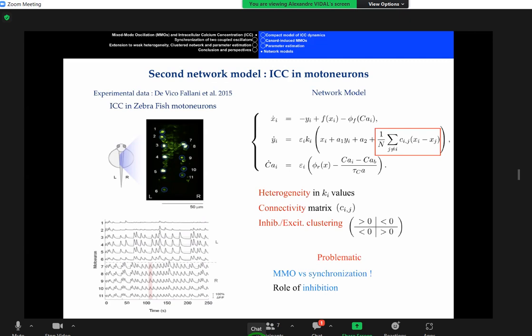The problematic: what happens with the MMOs that are able to reproduce the quiescent phase that we can see here, mostly in either the left or right side? What happens to the MMO when we try to synchronize the different cells and the different systems generating ICC time series in each neuron?